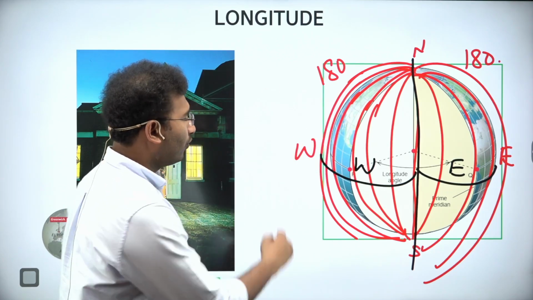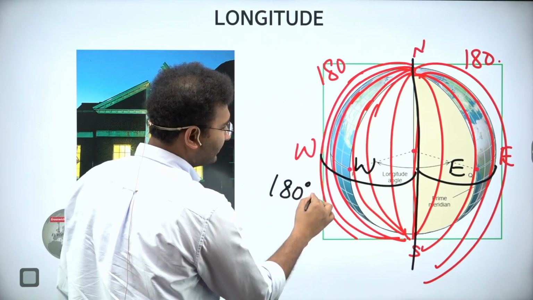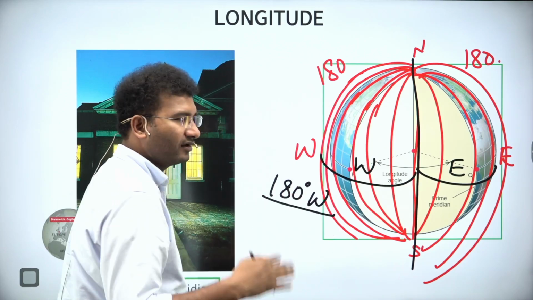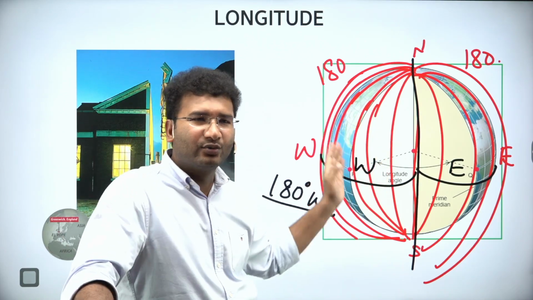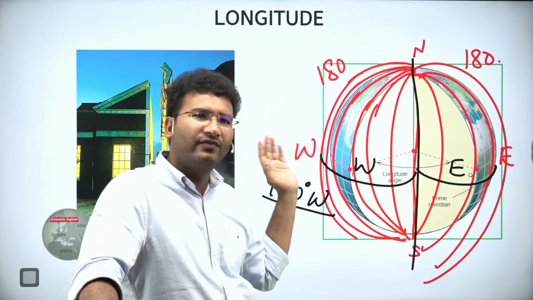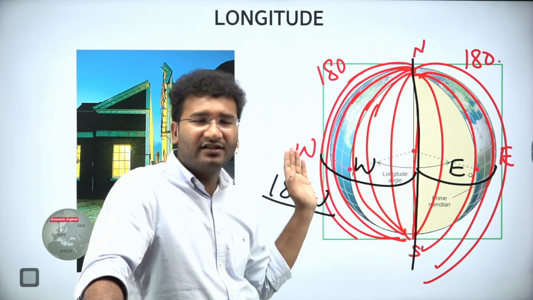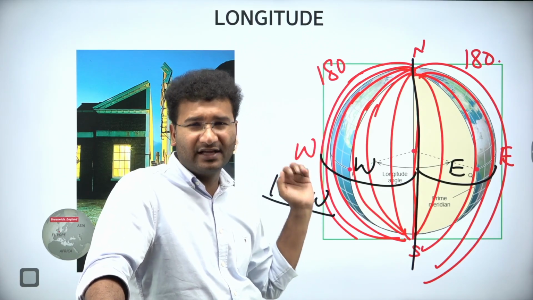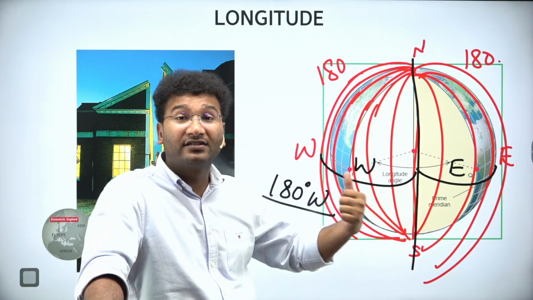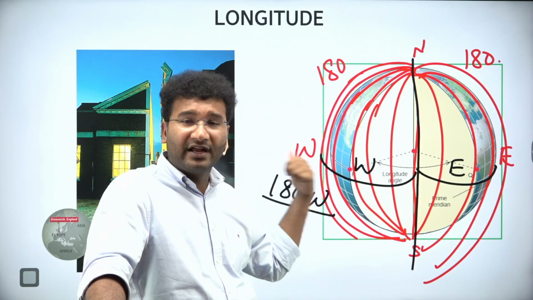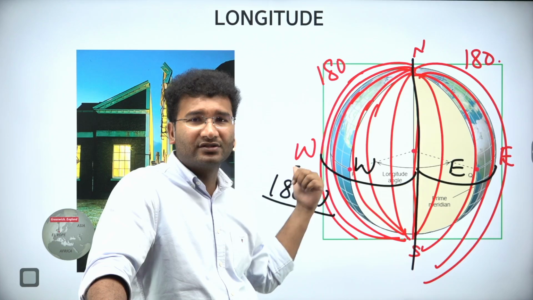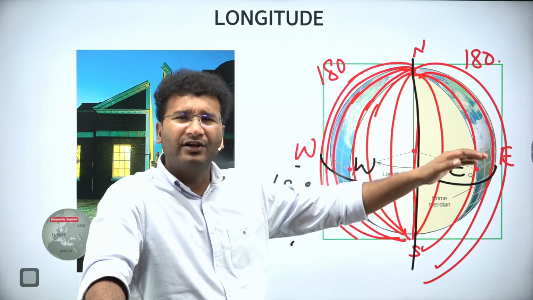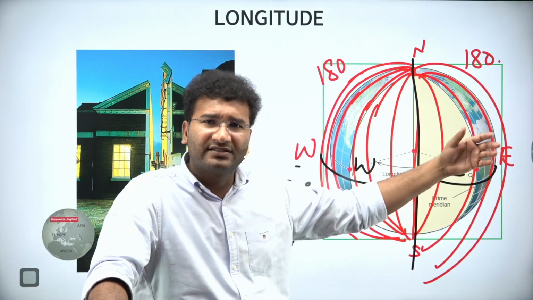Like that, 180 degrees longitudes are there, like 1 degree longitude, 2 degree, 3 degree west, 10 degrees west, 15 degrees west. Like that, till 180 you have western longitudes, and likewise 5, 10, 15, 20 east, 30 east, 40 east, 50 east, 60 east.